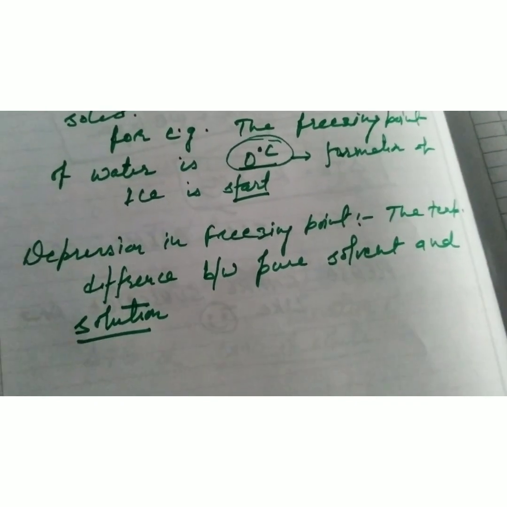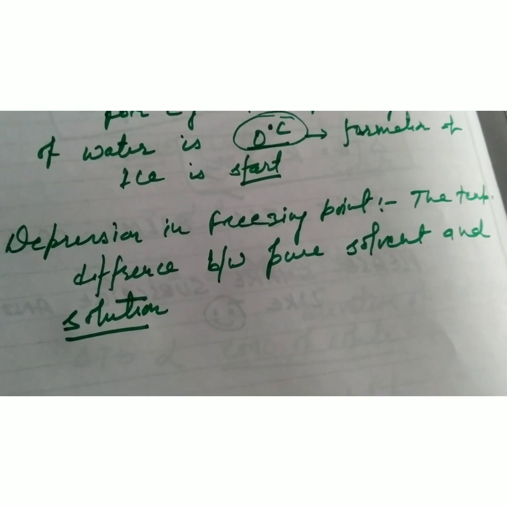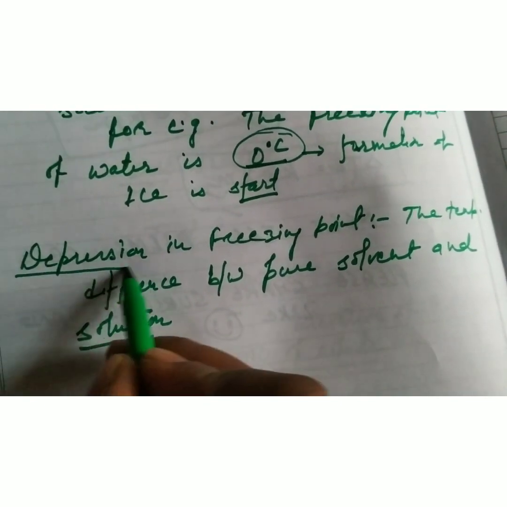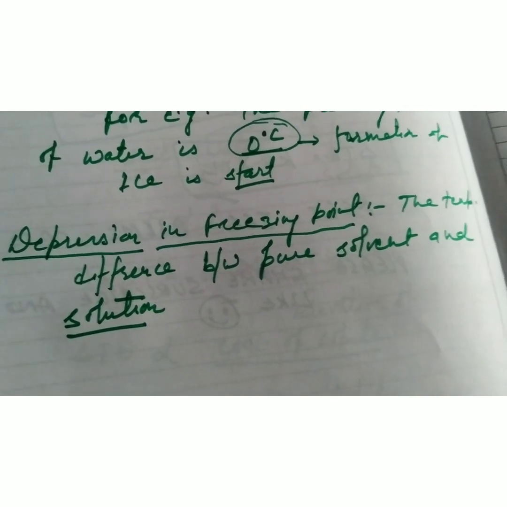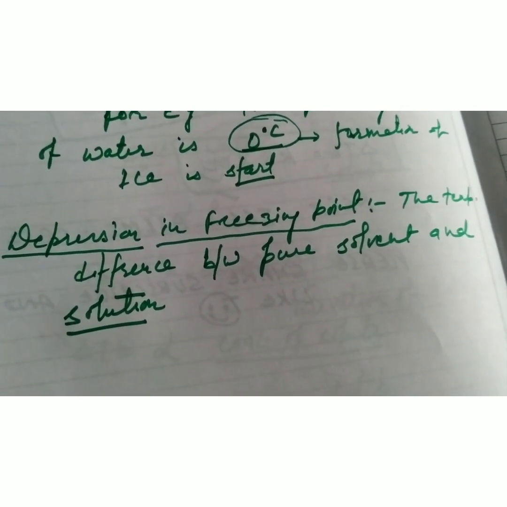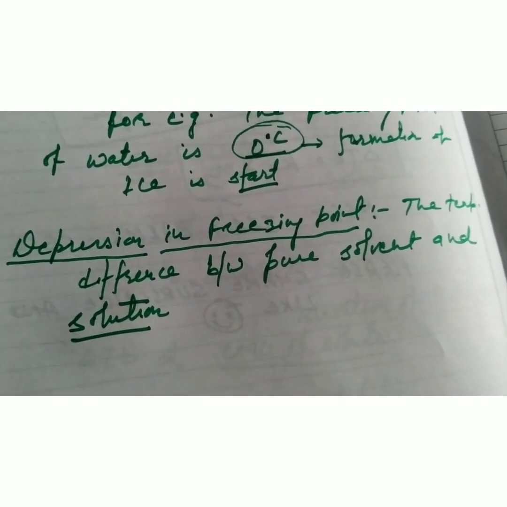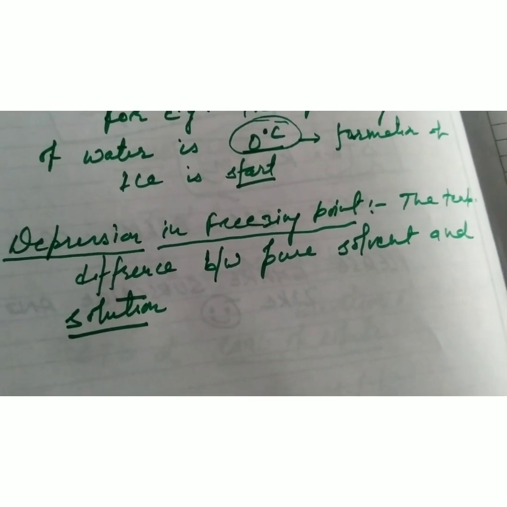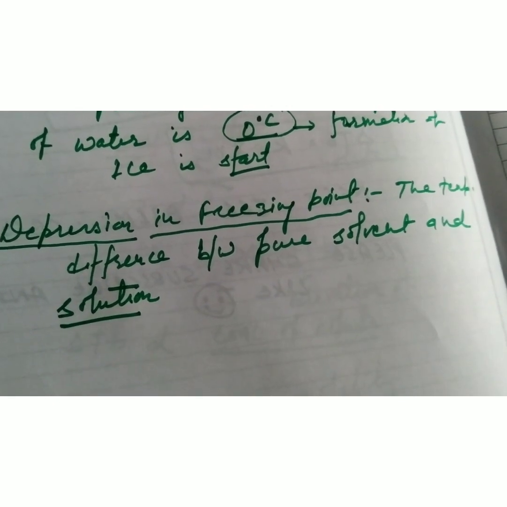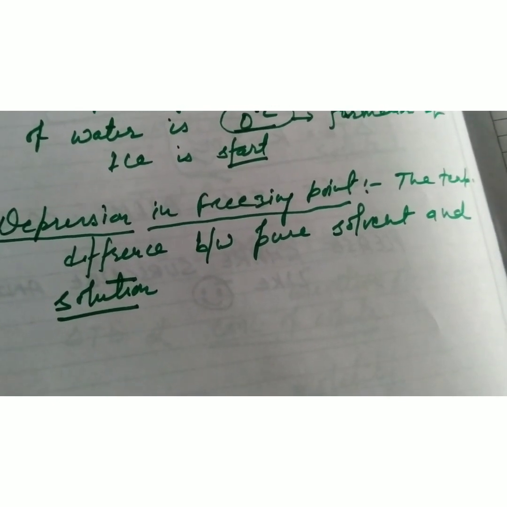This is depression of freezing point. Depression of freezing point may be defined as the temperature difference between pure solvent and solution. Pure solvent has one freezing point while solution has a different freezing point. Clear? So let's discuss with the help of a graph.